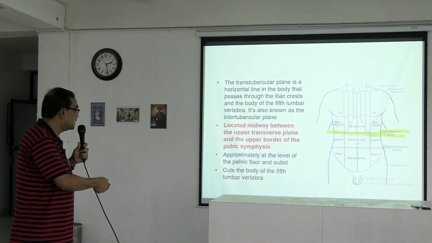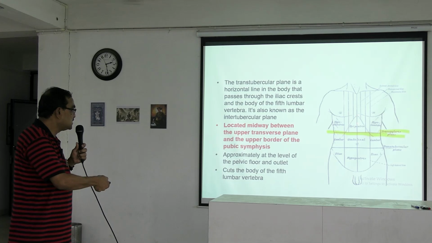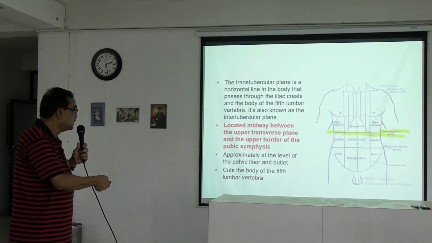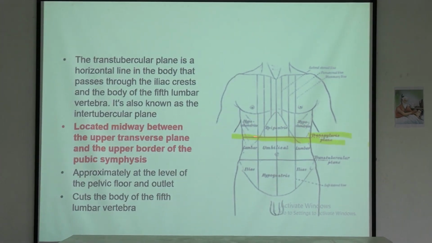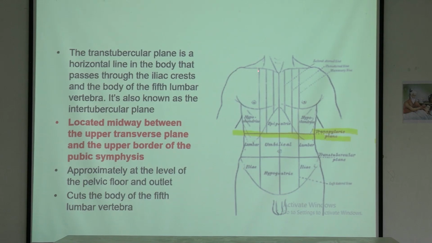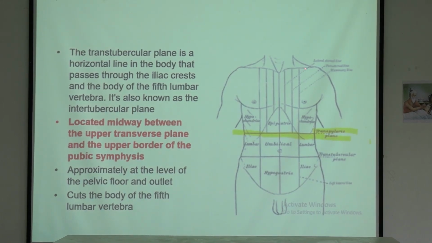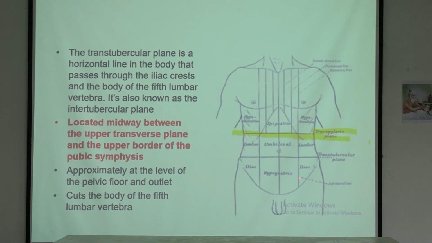Here we can find this plane which is one hand below the xiphisternum. So this is called the transpyloric plane. Before that I told you about the right or left lateral planes, the planes passing through the midpoint of the clavicle and the midpoint of the inguinal ligament.